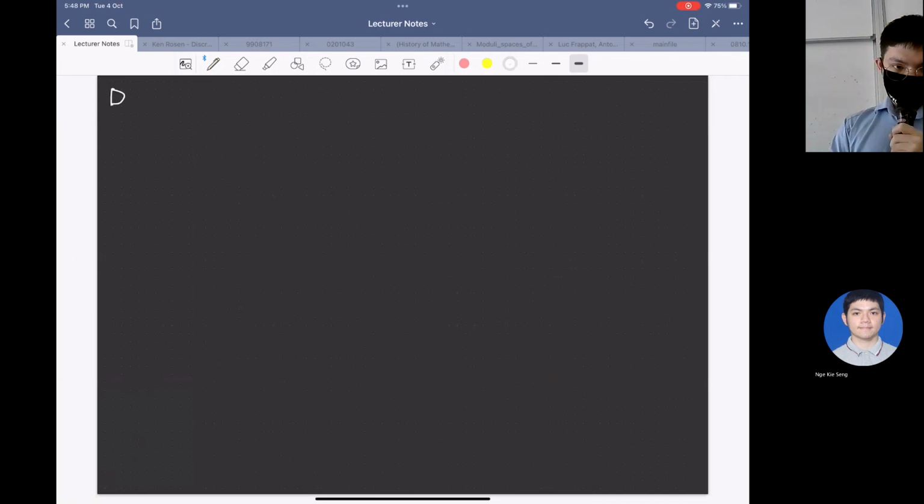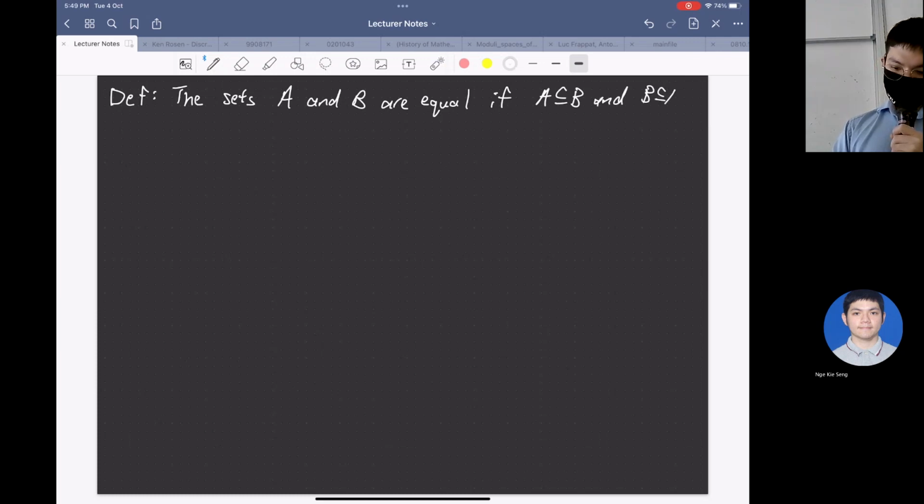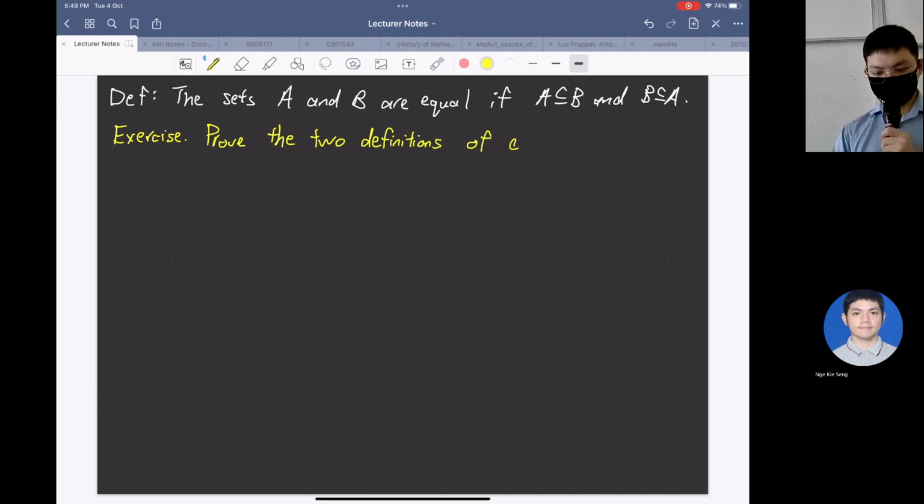Another definition: the sets A and B are equal if A is a subset of B and B is a subset of A. So as an exercise, prove the two definitions of equal sets are equivalent.